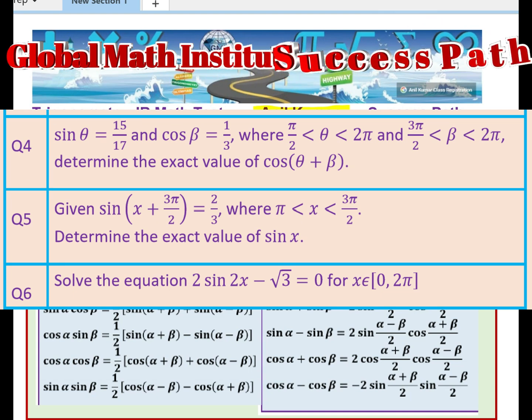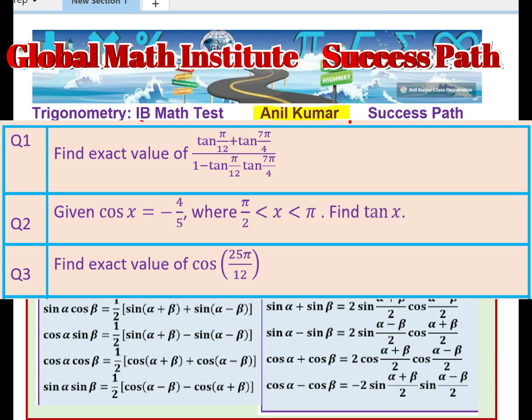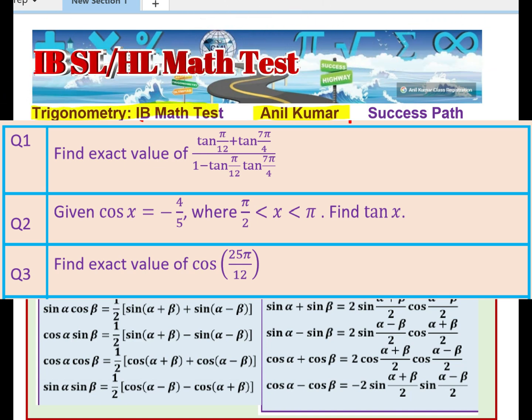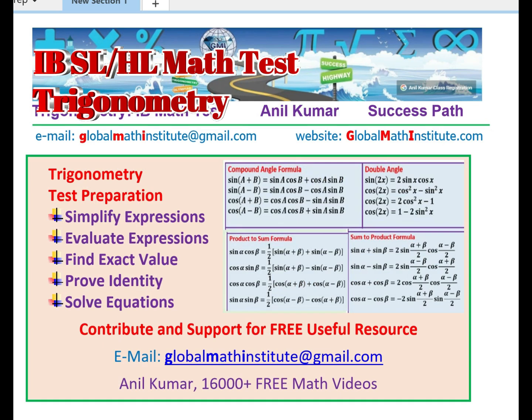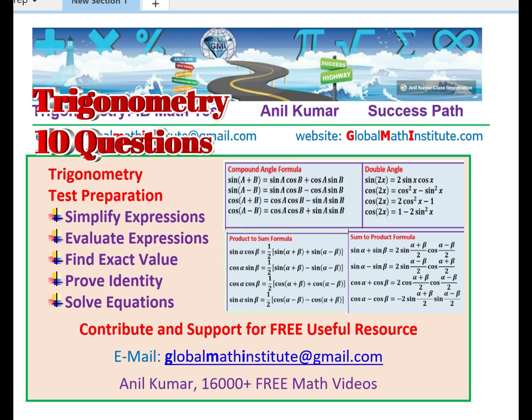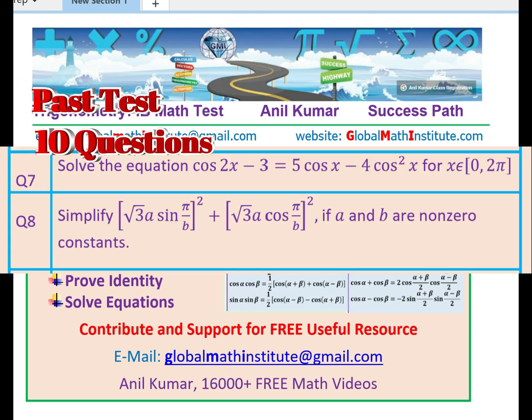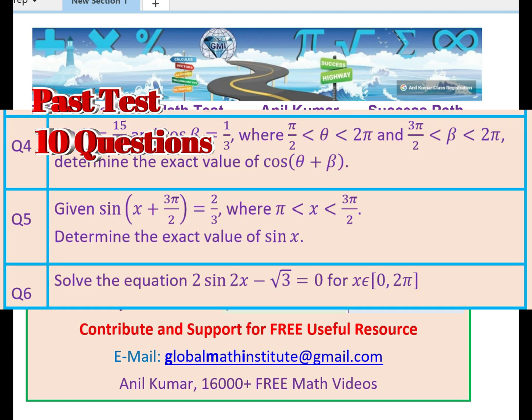In this video, we'll solve the rest of the questions from our IB test paper based on trigonometry. Here we have a list of formulae for you. We are working on the preparation for IB students. We'll have questions based on how we simplify expressions, evaluate them, find exact values, prove identities, and solve equations.